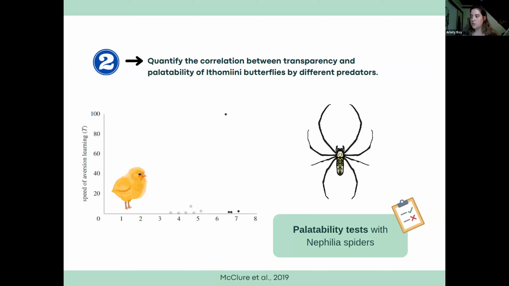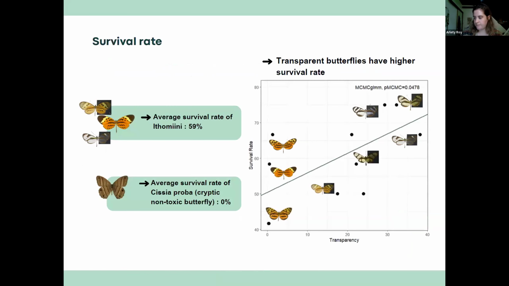And we tested each spider only once, with one Ithomiini and one Cissia.